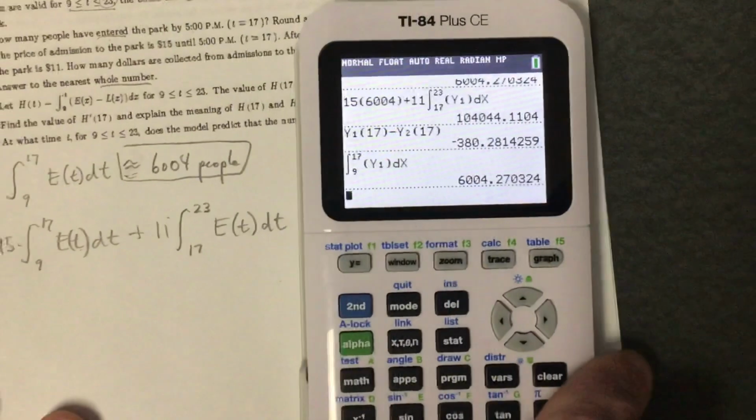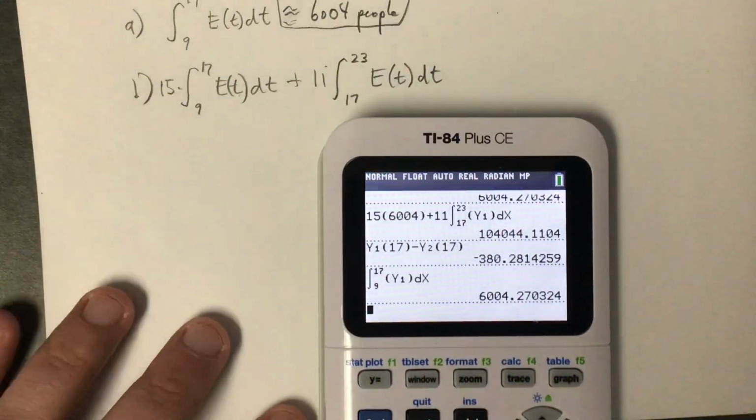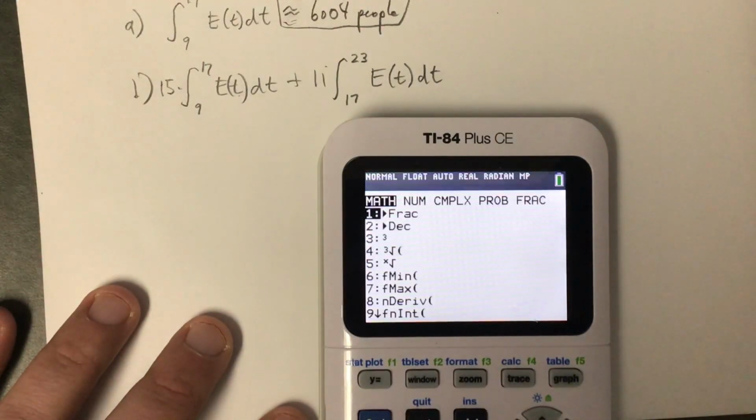All right, the rest of this is calculator work. And don't do the work by hand when you can use your calculator. So we'd have 15 times the integral, which will be math 9.